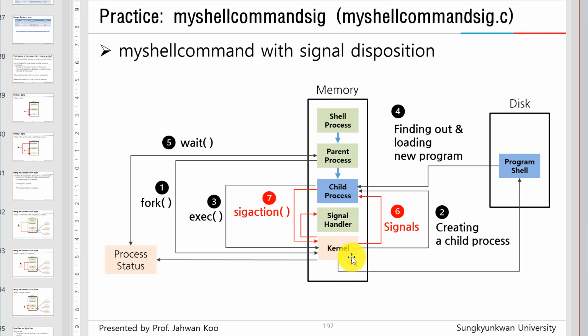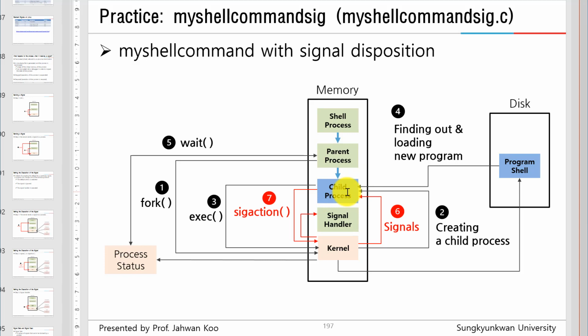The kernel responds, OK, I will find the program you want, load the new program into memory, and replace the existing child process with the new program. Now, the child process becomes the new program named myShare command. Its new life begins.